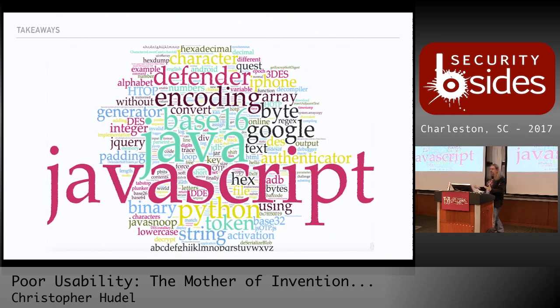So now a couple of takeaways. I think not enough people showcase the steps they took to get where they are. This is a word cloud of all of my Google searches that led me through the exercise today.